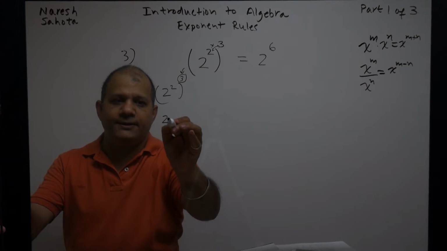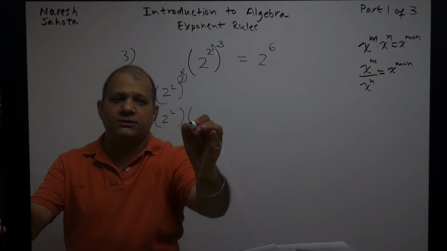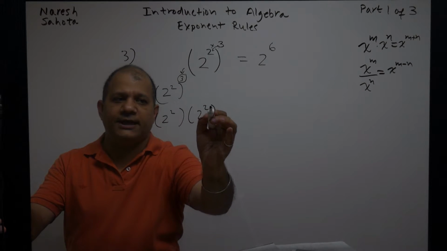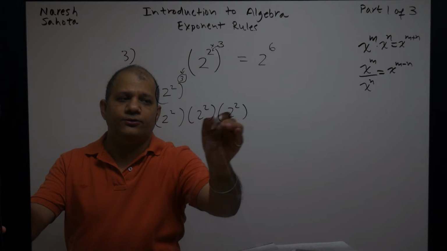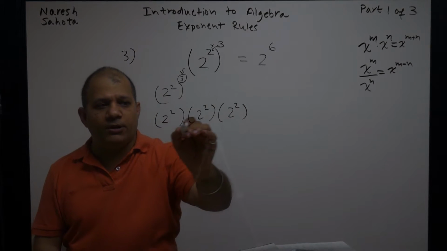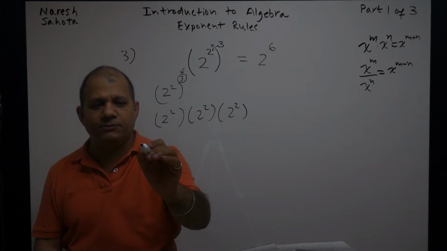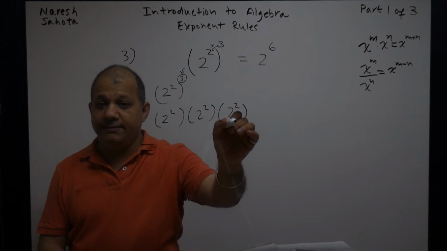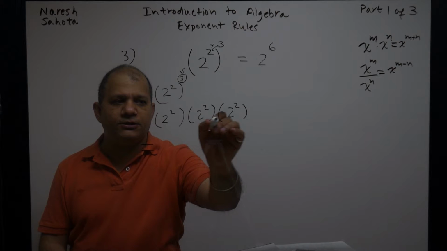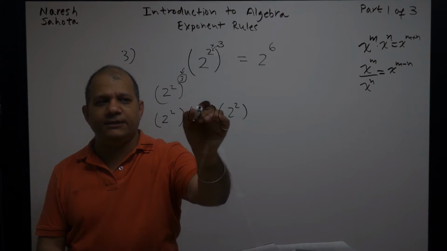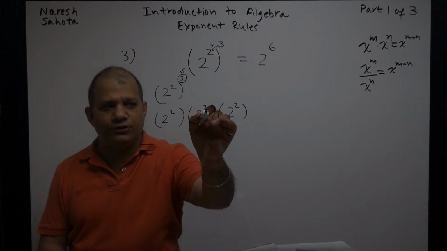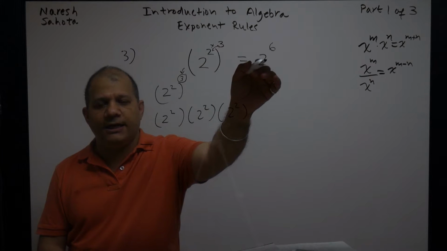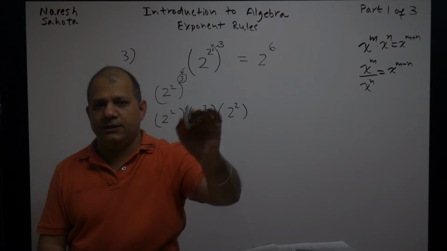So we're going to do that. 2 to the 2 once, 2 to the 2 second time, and 2 to the 2 third time. So I multiplied this. Now at this point, I can apply rule number 1, because now I'm multiplying same bases. When I multiply same bases, I add the exponents. So 2 plus 2 is 4, plus 2 is 6, and that's what I get, 2 to the 6, right?